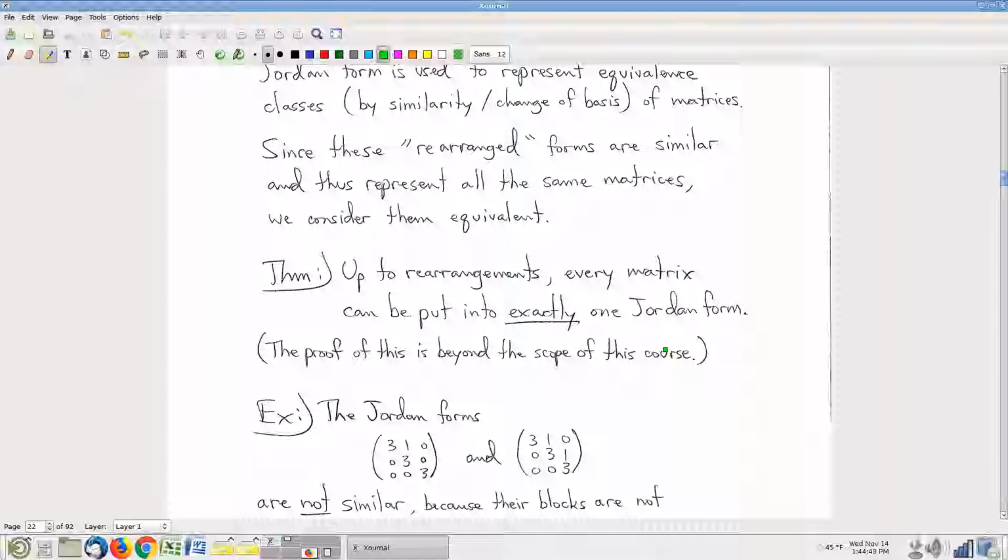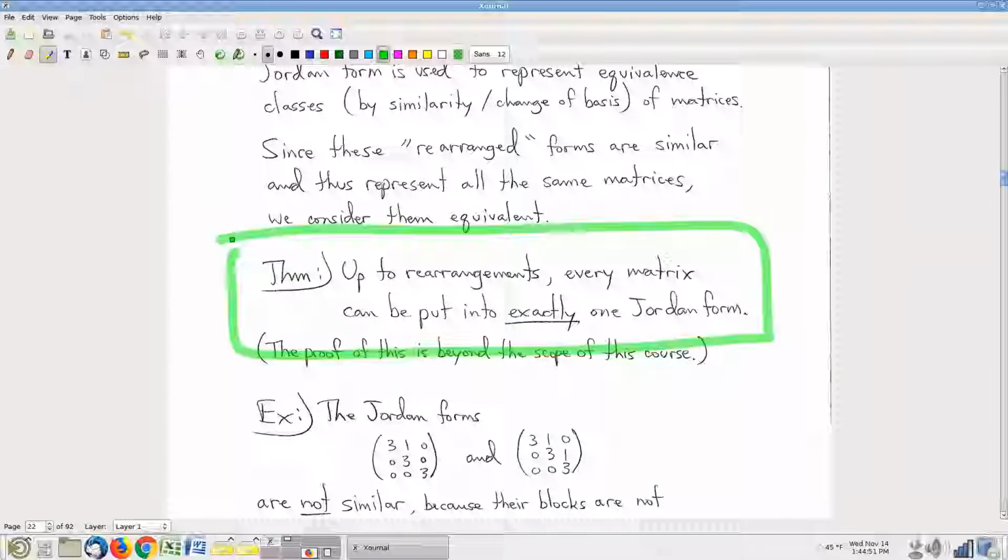Thus, this theorem, the punchline of which is exactly one Jordan form. So there's a kind of uniqueness of Jordan form, with the asterisk that it holds up to similarities, which are all rearrangements. Ignoring the rearrangements, it is true in that sense that every matrix has exactly one Jordan form.